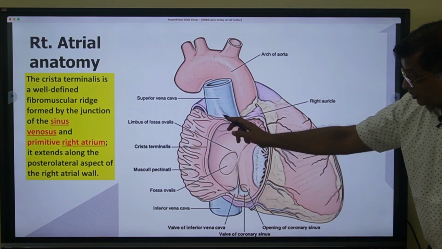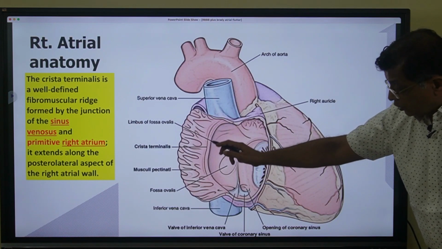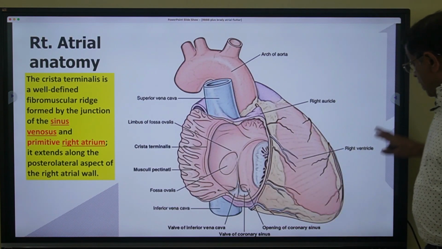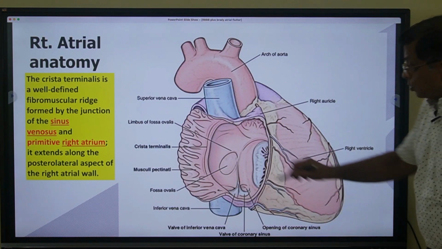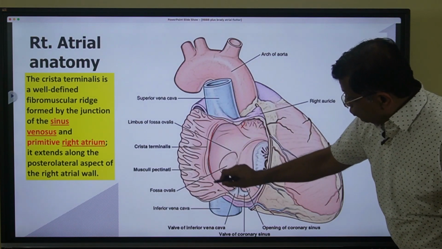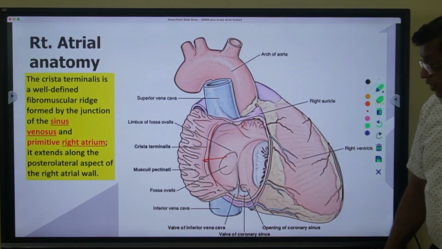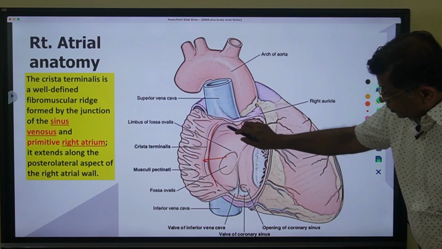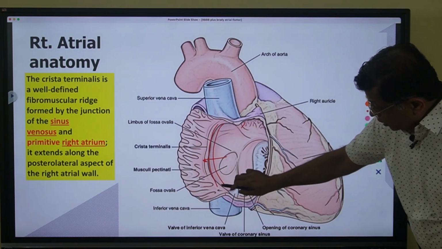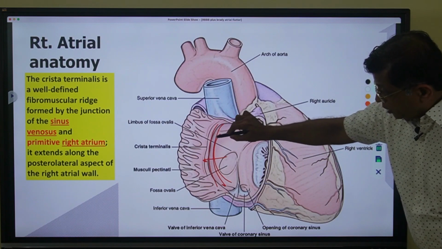This crista terminalis starts from the insertion of the superior vena cava to the insertion of the inferior vena cava, and this is a strong muscular ridge which does not allow impulses to go in a perpendicular direction. Therefore, if there is a re-entry circuit, the impulses will go anterior to it, either in a counterclockwise or clockwise direction.